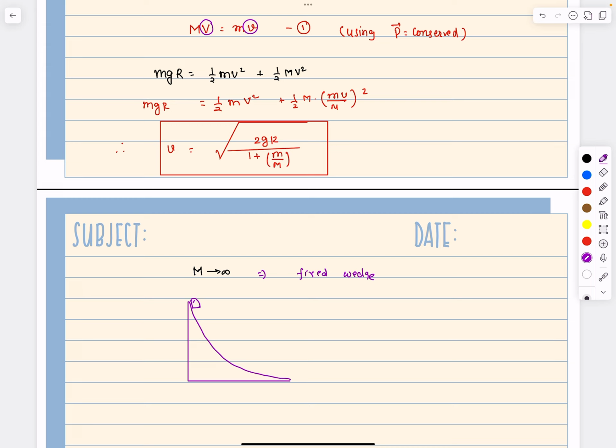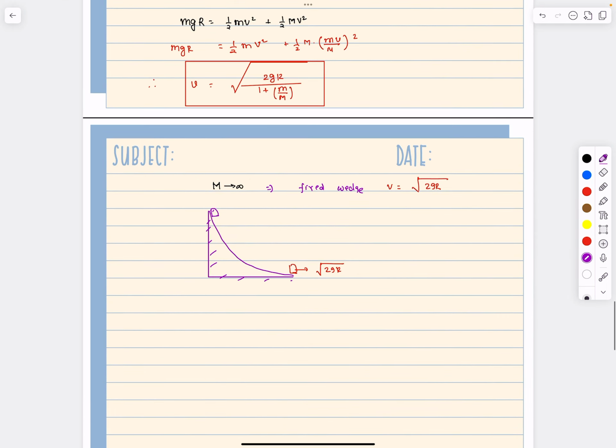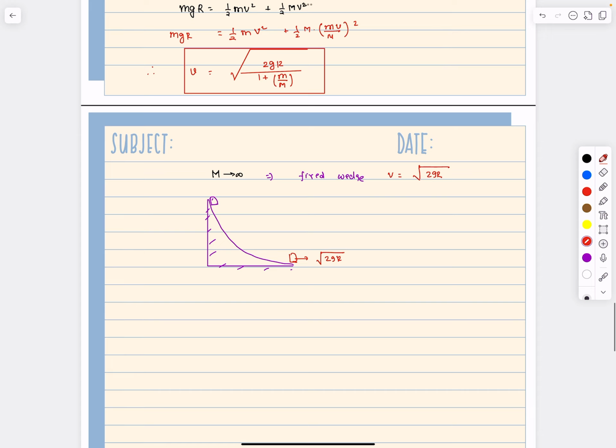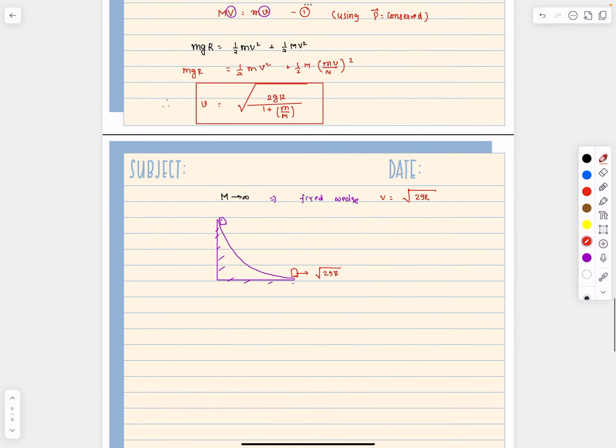If a block is there and the wedge is fixed, when it reaches the bottommost point, the speed will be under root of 2gR. And I think that's what we are getting: v equals root 2gR. Similarly, we can also calculate the velocity of the wedge.